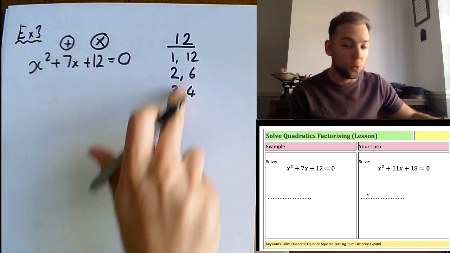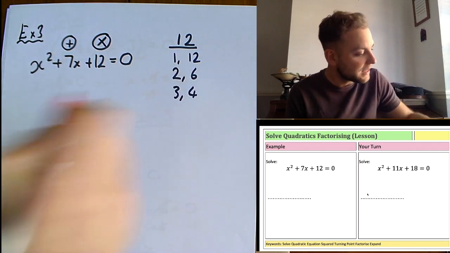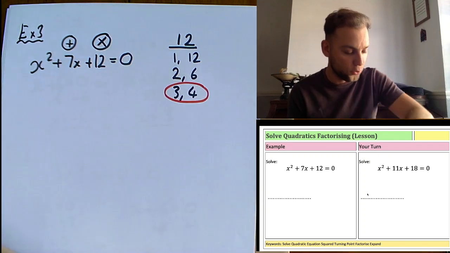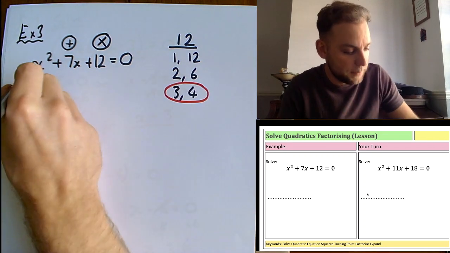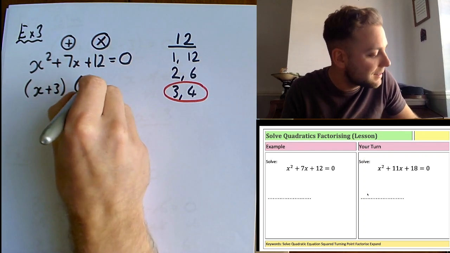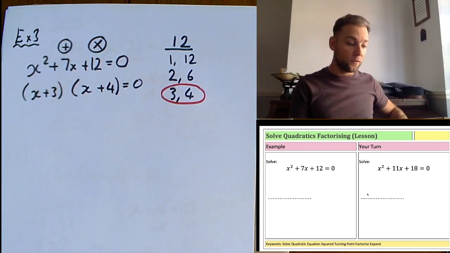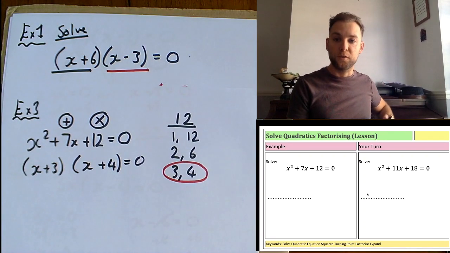So I need two things that multiply together to make 12 but add together to make 7, and in this case that's going to be 3 and 4. So it's going to be x plus 3 and x plus 4, and then I've got something which looks like the questions I was doing before.